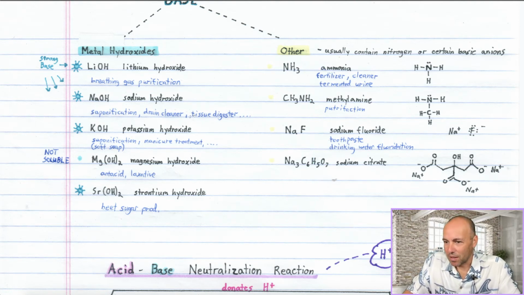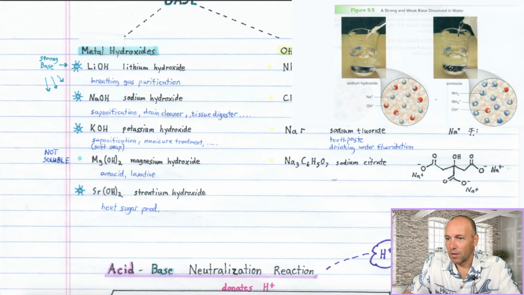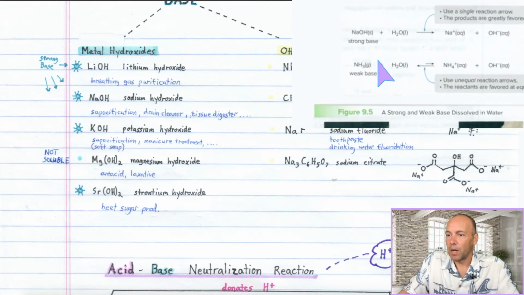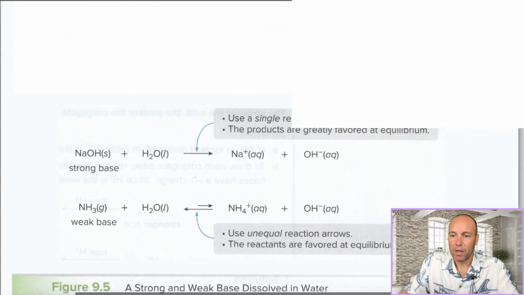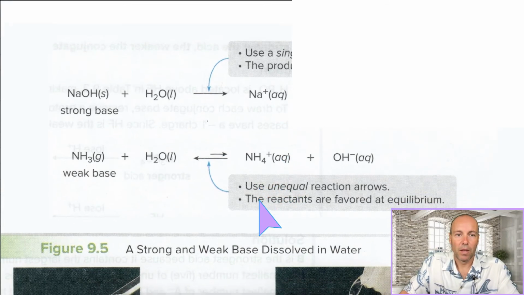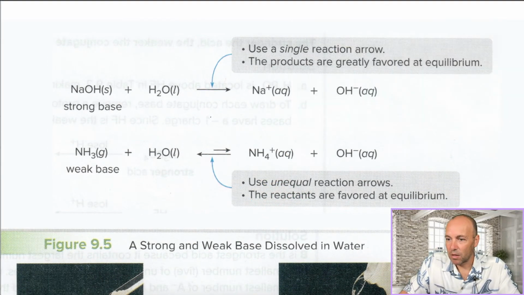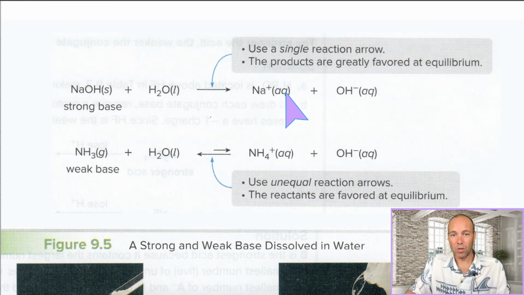So let's see how this works. When you have, say, a strong base like sodium hydroxide, when this dissolves in water, 100% of the formula units, this is not a molecular compound, this is an ionic compound, so 100% of the formula units split apart into the metal cations and the hydroxide anions, and so that single arrow represents a one-way process.